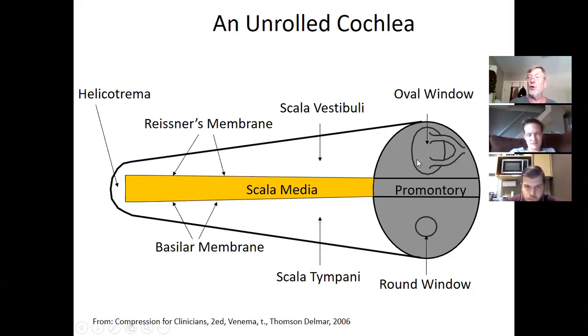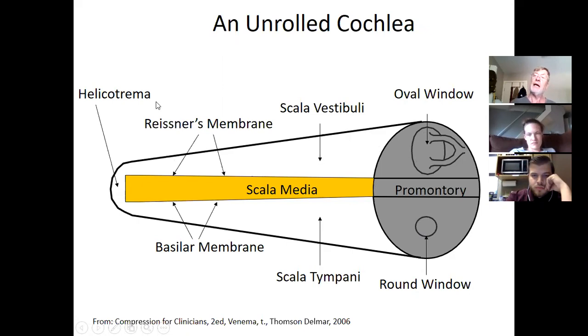And look, here's the oval window from the stapes. And here's the promontory bone. This is just a schematic. And here's the round window. So when the oval window pushes inward, this is all fluid in here, bony labyrinth, it goes around a corner. And that corner is called the helicotrema.